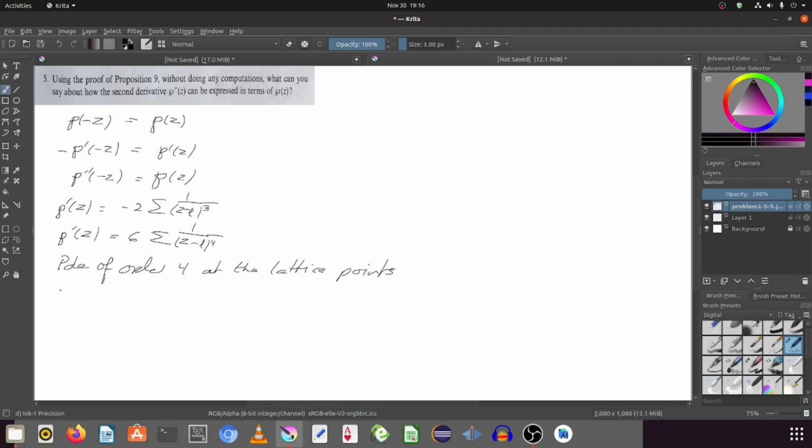So that means that we have 4 zeros. Let's denote them z1 to z4.